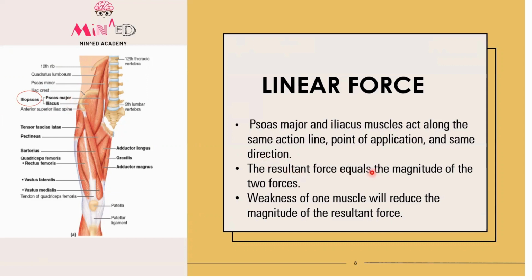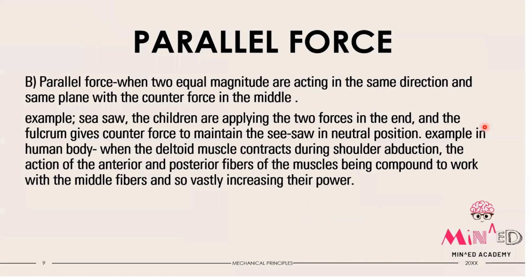Psoas major and iliacus together are called iliopsoas. So the resultant force equals the sum of the magnitudes of the two forces. When two forces are combined, the magnitude will be double the force applied. So weakness of one muscle will reduce the magnitude of the resultant force. If either of these two muscles is weak, there will be a reduction in the magnitude of the resultant force.